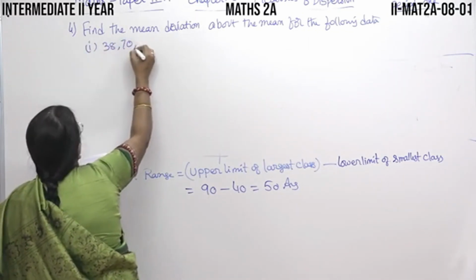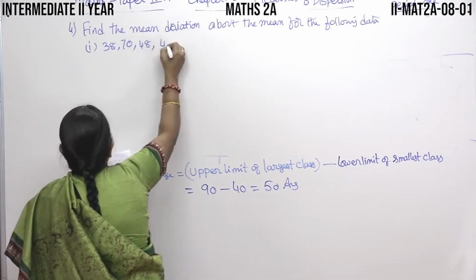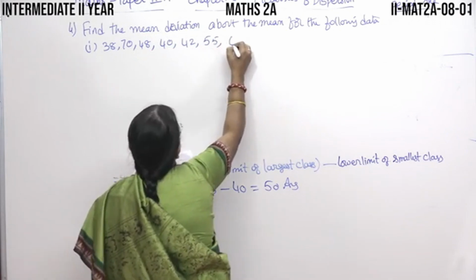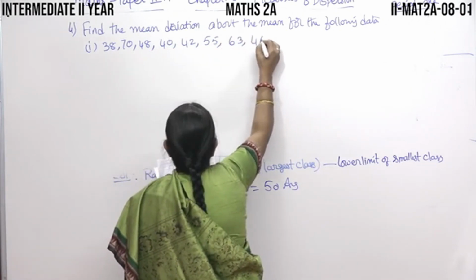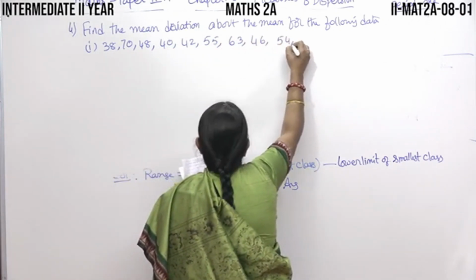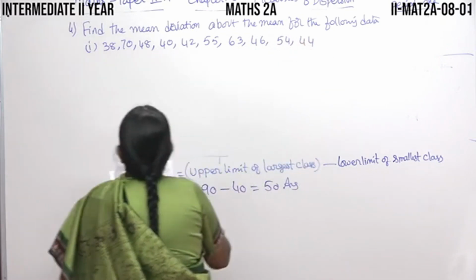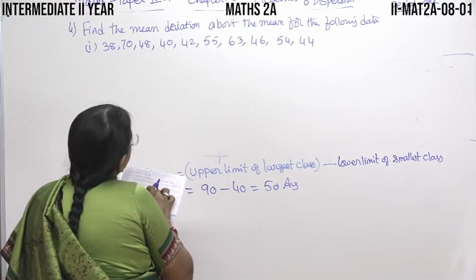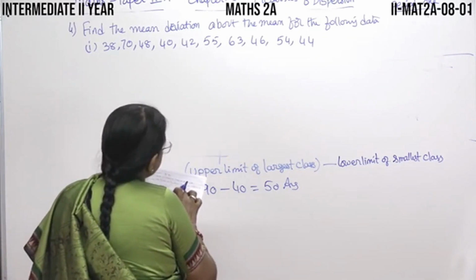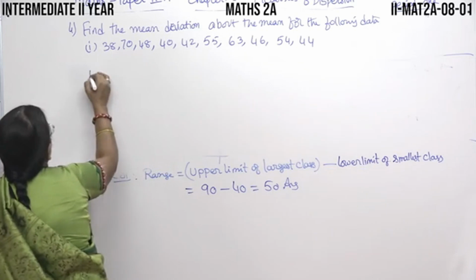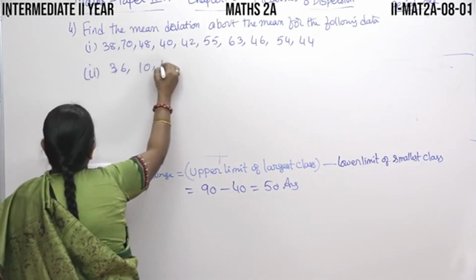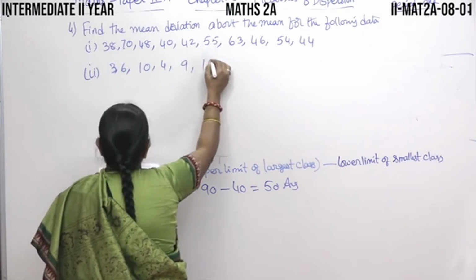First: 38, 70, 48, 40, 42, 55, 63, 46, 54, 44. Now second part: 3, 6, 10, 4, 9, 10.